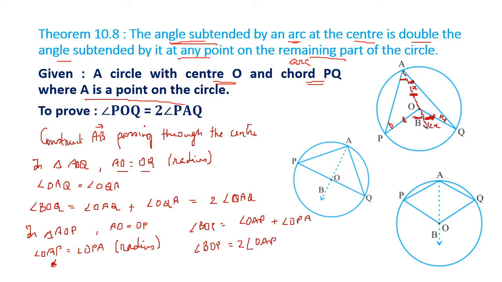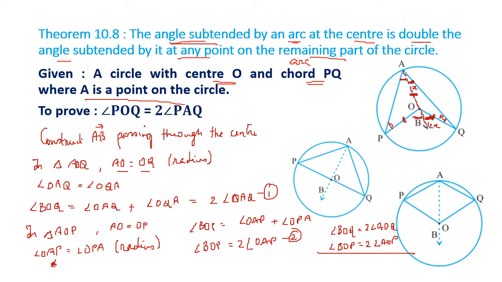So we have got this is result 1 and this is result 2. So what are the results telling us? Angle BOQ equals twice angle OAQ and angle BOP equals twice angle OAP.